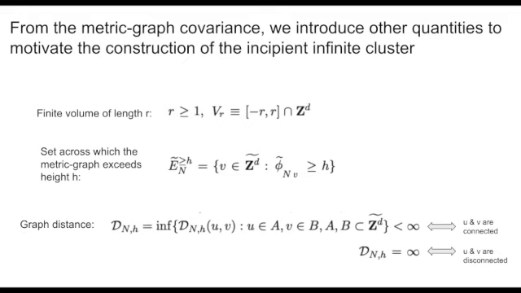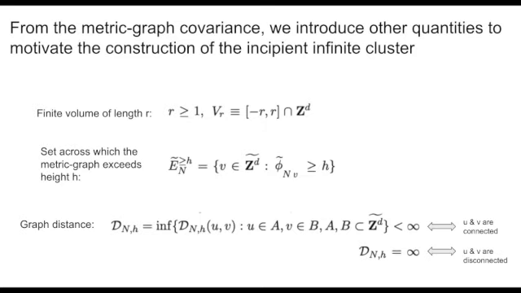So these quantities so far are very much classical things that anybody looks at when we consider different types of percolation models. But the thing is that we're inserting a very specific dependency upon the level set percolation occurring, as to whether the height of the metric graph Gaussian-free field exceeds some threshold h.